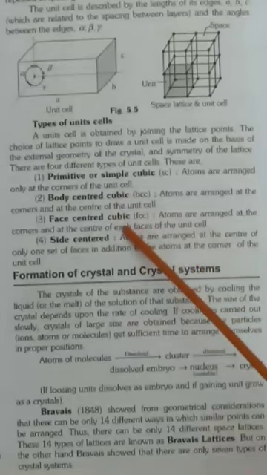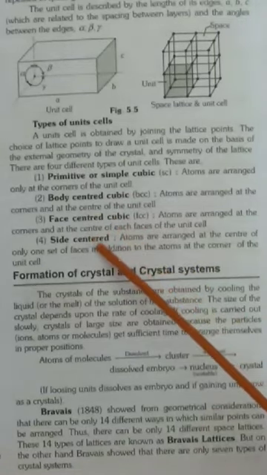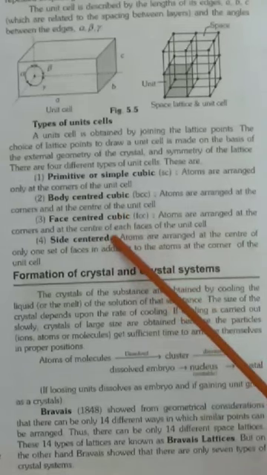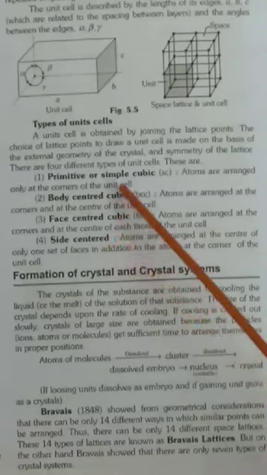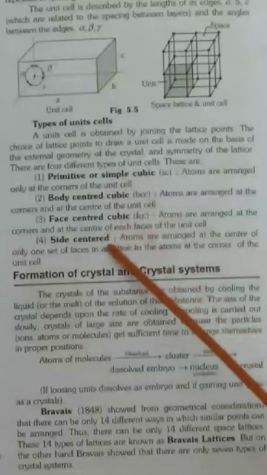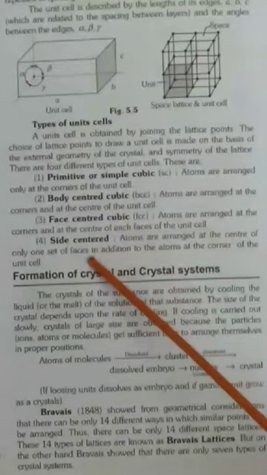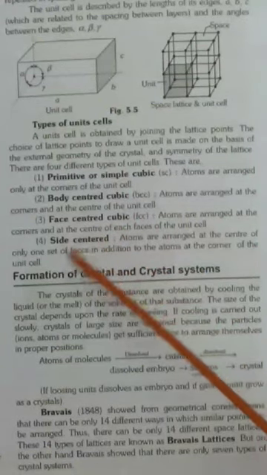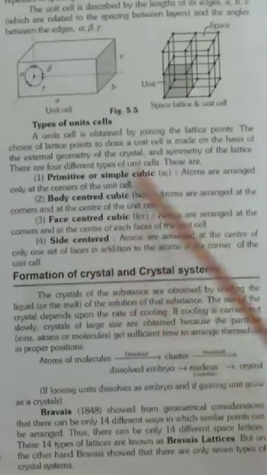Next, we have the end-centered unit cell. Here, along with the corners of the unit cell, the particles are present at the centers of the 2 opposite faces of that unit cell. That is called the end-centered unit cell or side-centered unit cell.